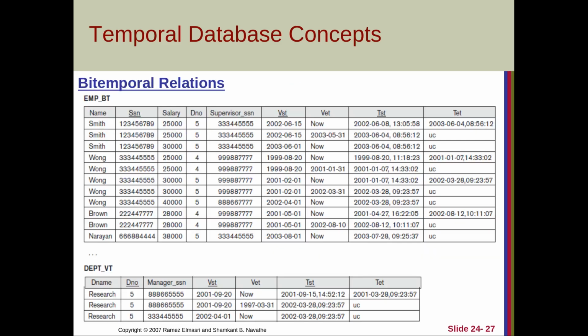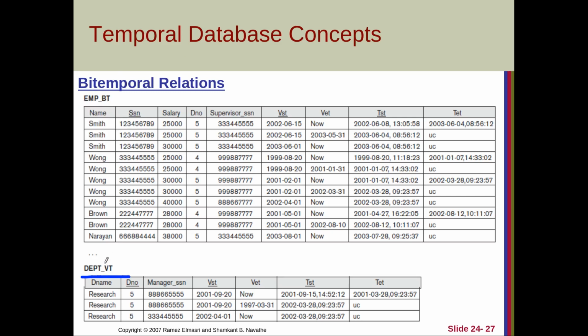Now you will see an example for bi-temporal, which consists of both valid time and transaction time relations. Both are mixed, so in this example we can see both valid time and transaction time information. Look at employee bi-temporal and department bi-temporal.